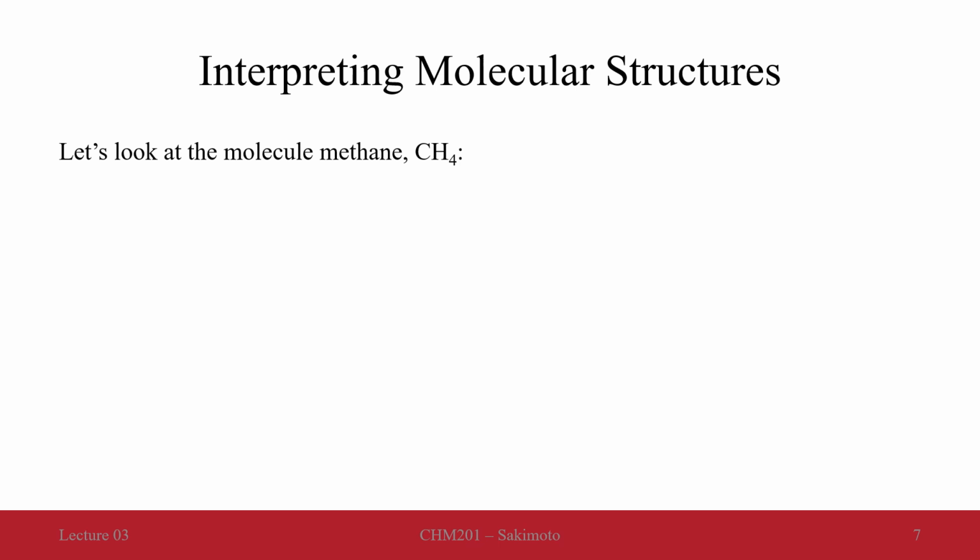So a reasonable prediction for our Lewis structure for methane, CH4, would put our carbon here in the center with its four evenly spaced valence electrons. And around that, we'll surround it with our hydrogens such that each of them can share an electron with this carbon.